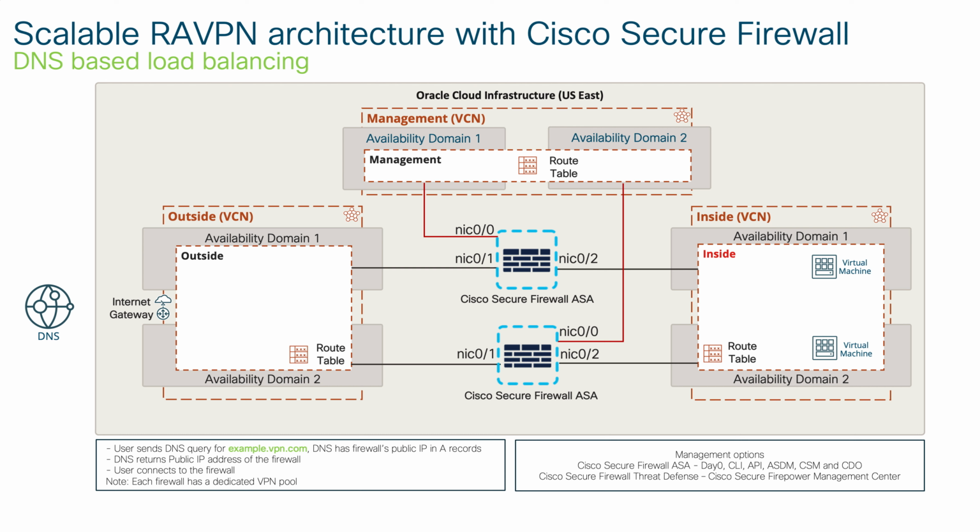Now, one thing you should keep in mind is that you will create an FQDN on your DNS, or you'll register a domain name. In this example, I'm using example.vpn.com. Users on the internet will use example.vpn.com as their VPN headend in their AnyConnect client.